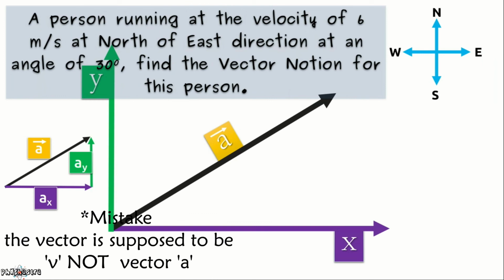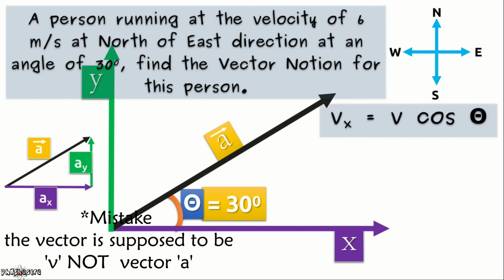A person is running at a velocity of 6 meters per second in the northeast direction at an angle of 30 degrees. Represent this velocity in vector notation. Here, the vector notation means we need to find the respective x and y components of the person's velocity. So his component on the x-axis is v cos theta.